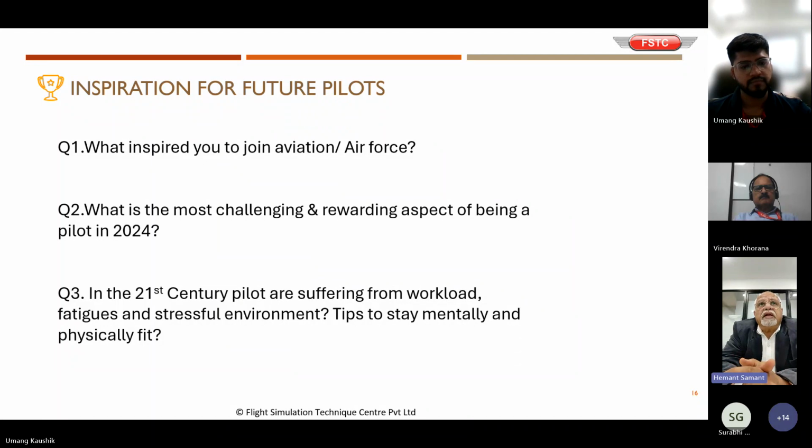Tips to stay mentally and physically fit. I think Shubhranshu sir, if he is available, would be best to answer. Otherwise, Khurana sir has also been through the Air Force, so he can give his two bits on what inspired him to join aviation, and the most challenging and rewarding aspects of being a pilot in 2024.